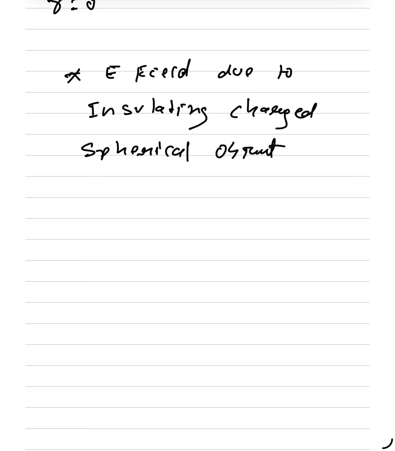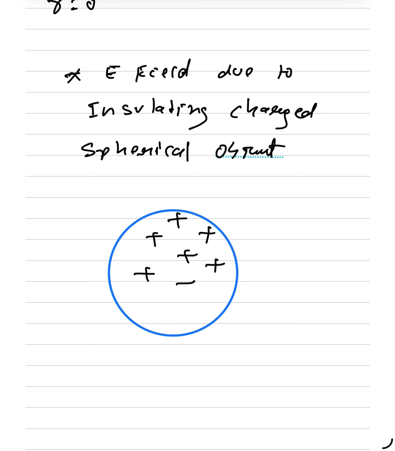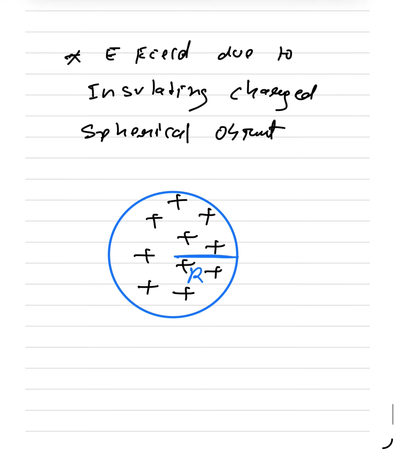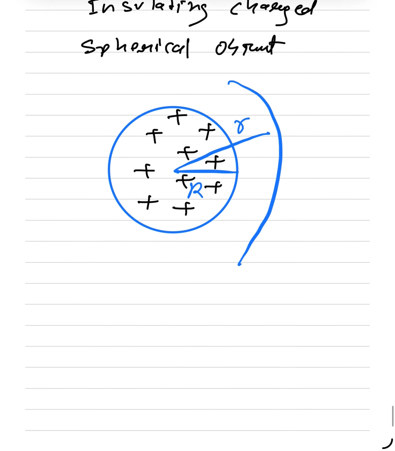In this situation, the charge is distributed in the whole volume, like this, and this is the radius capital R. Initially we calculate the electric field outside in this region.